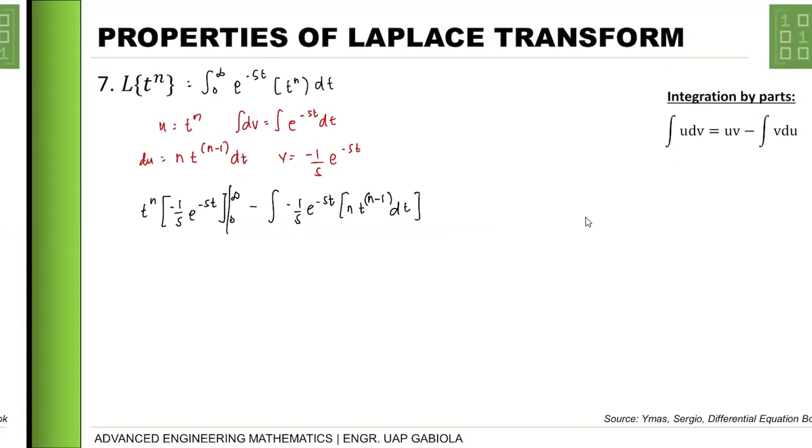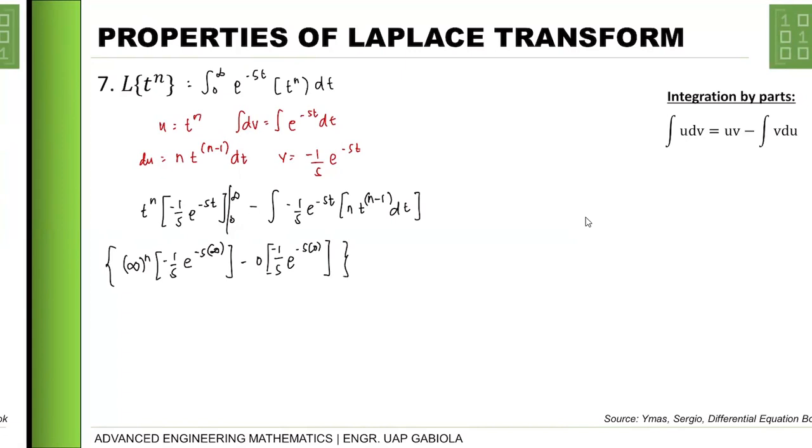Okay? So, itong first one natin, substitute natin yung value ng 0 infinity sa lahat ng may t. So, this will be infinity raised to n times negative 1 over s e negative s infinity, yung first one natin, minus 0 negative 1 over s e negative s times 0. Okay? So, ito yung ating first term doon.